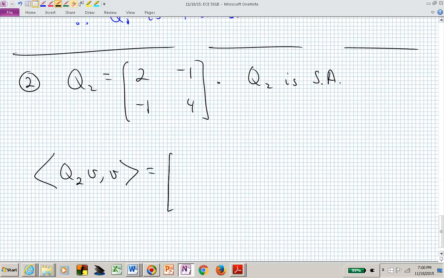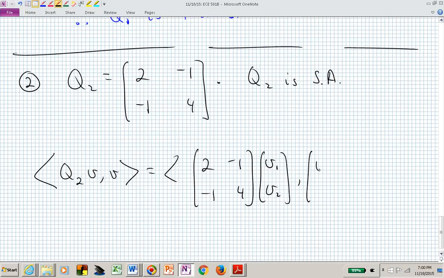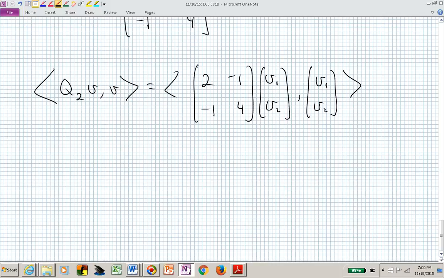So now we are going to take Q2 and use that to scale V, and Q2 in this case is the matrix that we've just identified, and we will allow V1, V2 to be the two components of our arbitrary vector V. If we use Q2 to scale V, we end up with 2V1 minus V2 in the first component, and minus V1 plus 4V2 in the second component.